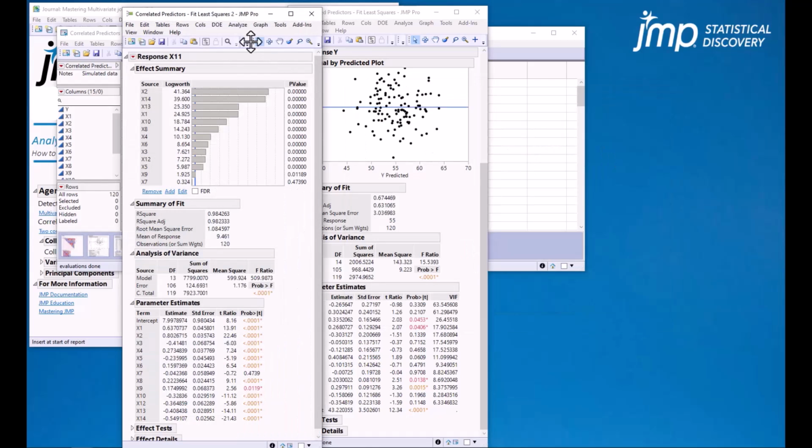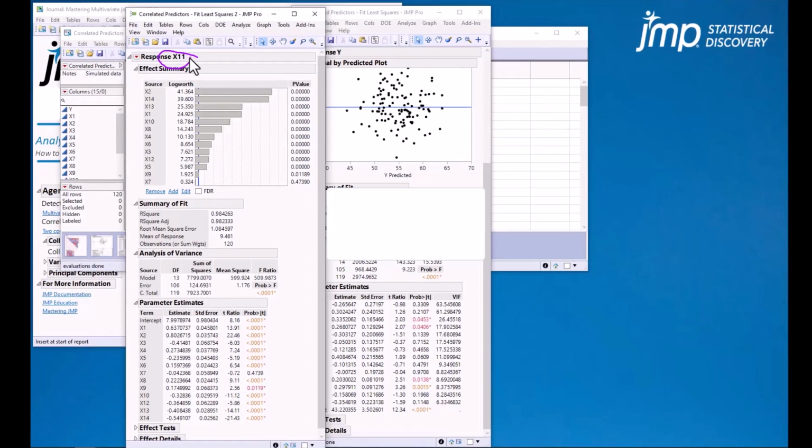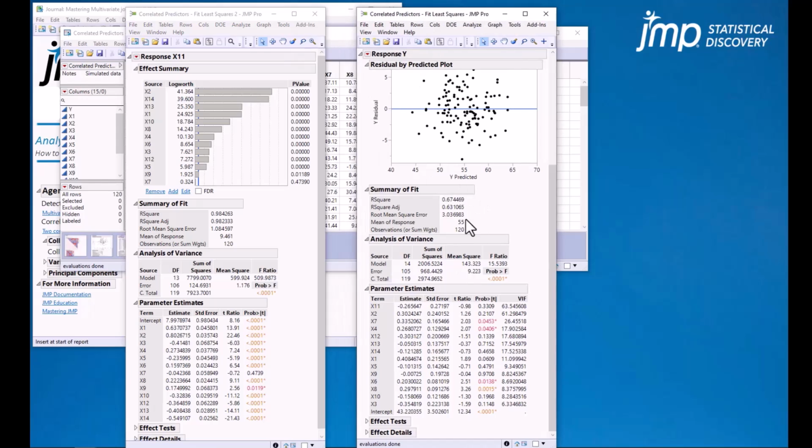And if I click Run, I get, wow, look at that R-squared value. 98% of the variability in one of my predictor variables, X11, is explained by the other predictor variables. And so again, these predictor variables are fighting with X11 to explain variability over in this model in the response.